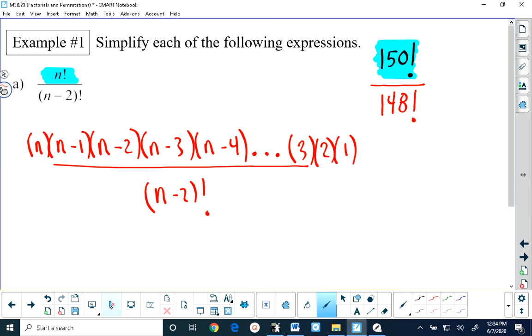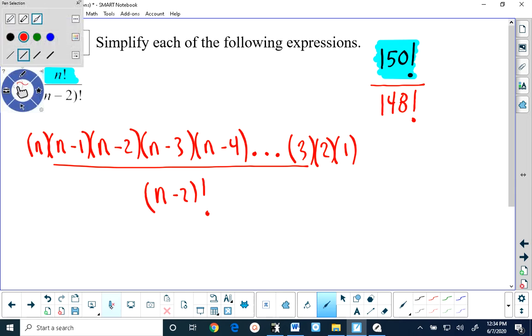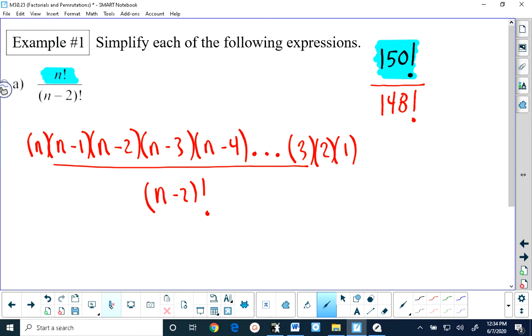But when you take a look at the top, there's an n minus 2 factorial on the top. On the top, as part of what's there, you have n minus 2 times n minus 3 times n minus 4 all the way down the line to 1.